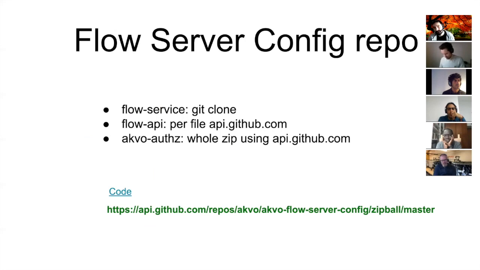This time around, what I implemented is: go get the whole configuration as one zip file using the API, and do this every 5 or 10 minutes in a background thread. I think it's the simplest one of all three, but it's still not simple.